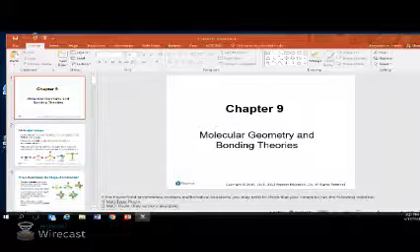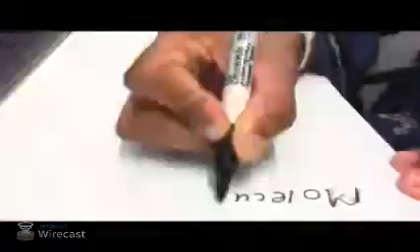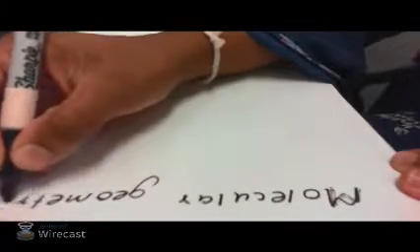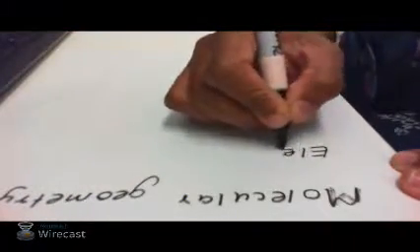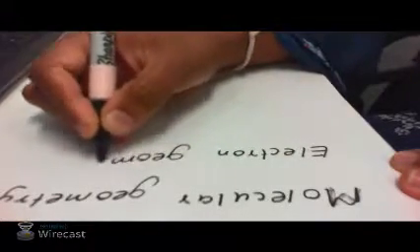So let's first look at the geometries. There are two types of geometries: molecular geometry and electron geometry. Okay.